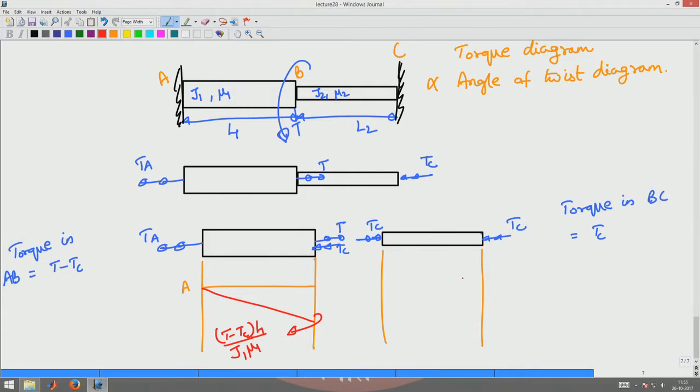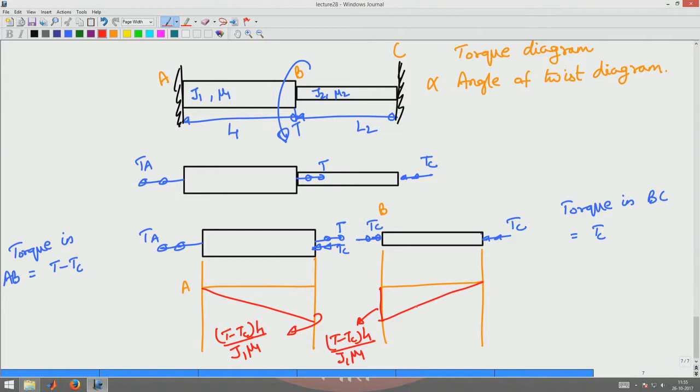In this section, the angle of twist at end B is the same as this value, (T minus Tc) L1 by J1 mu 1, and then this Tc is opposing that angle of twist. This angle of twist is anticlockwise, Tc causes the clockwise rotation. So it will decrease down to 0 because that end is fixed.